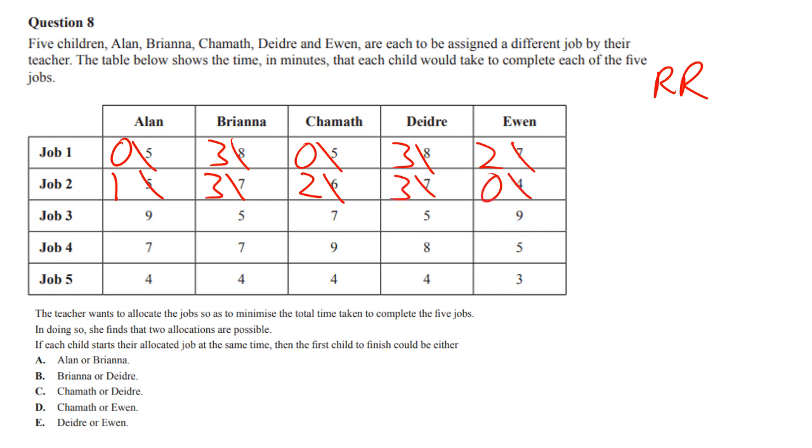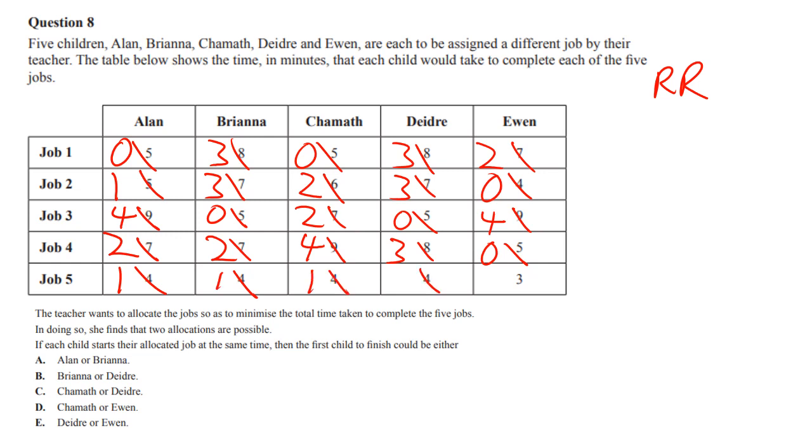And then the lowest value is 5, so it's 4, 0, 2, 0, 4. Lowest value is 5, so 2, 2, 4, 3, 0. Lowest value is 3, so it's 1, 1, 1, 1, 0. Okay, so let's have a look.